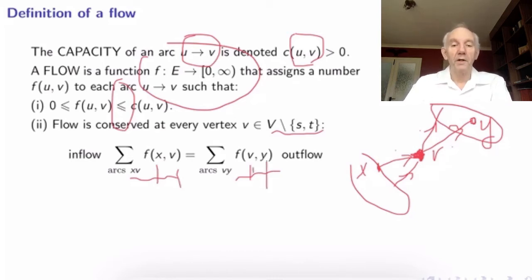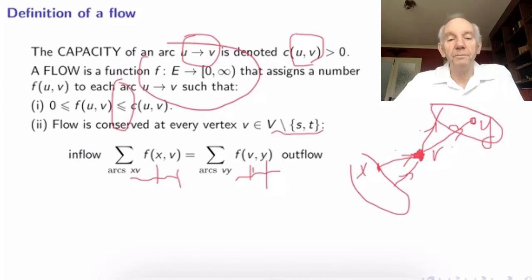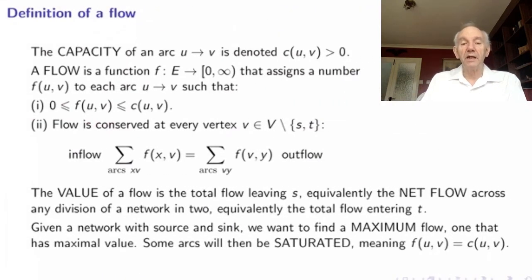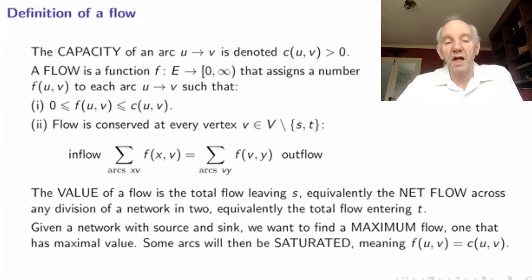Okay, so those are the rules of the flow. And let me continue by saying that I also talked about the value of a flow. Given a flow, it has a value because it succeeds in flowing fluid from the source to the sink. The sum of the flow numbers leaving the source is called the value of the flow.